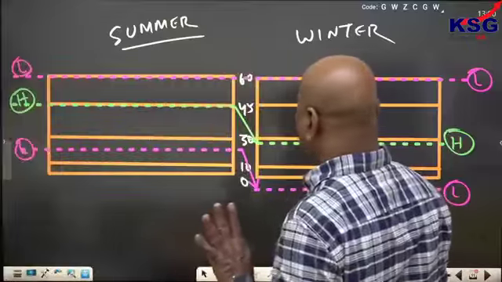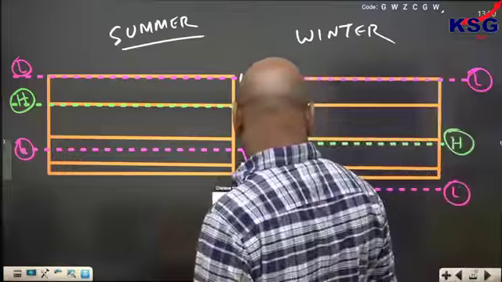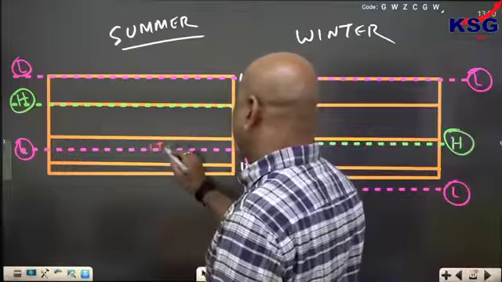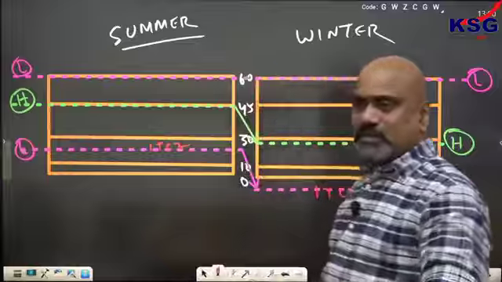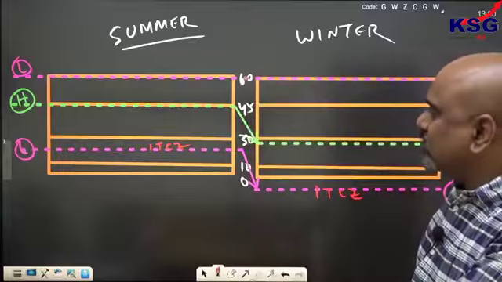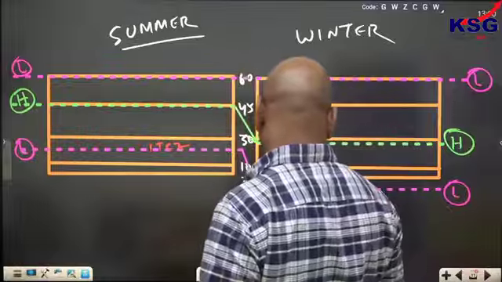This you know in summer and winter. This is the ITCZ. With the ITCZ the low pressure condition will go. The ITCZ shifts, right? The low pressure condition shifts in this case, right? The low pressure condition will shift in this case.